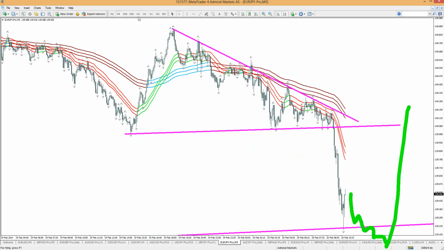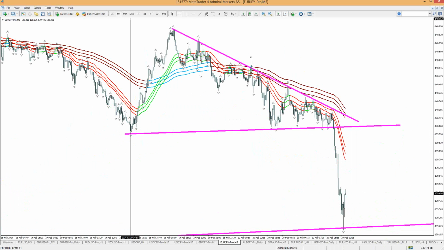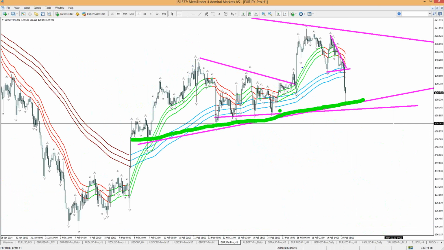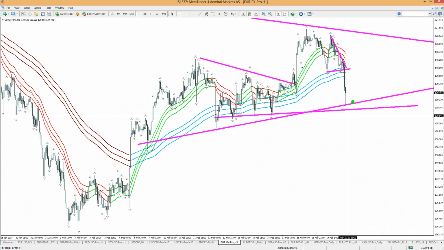I'm not saying it couldn't continue down, by the way. I just want to say that there is some danger here at the moment with the support. So that's all I want to say. And it will depend. If we get a bear flag like this and the moving averages roll over and start to act as resistance and we get a break of that bear flag, then that could be a great short.